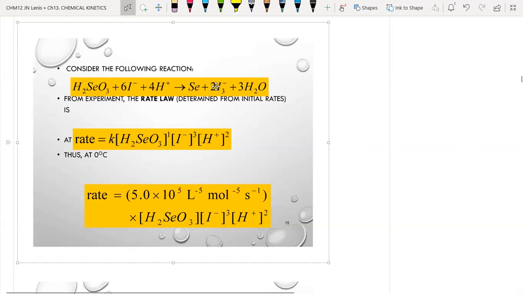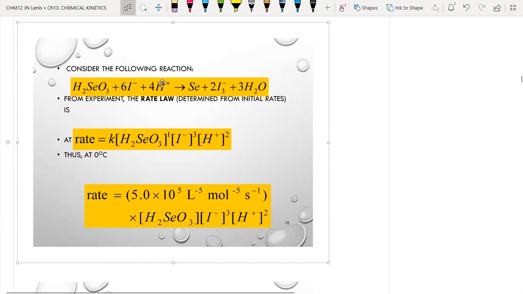Some species are in the ionic form, and I believe all of these are in aqueous solution, except for this one here, which is a solid.